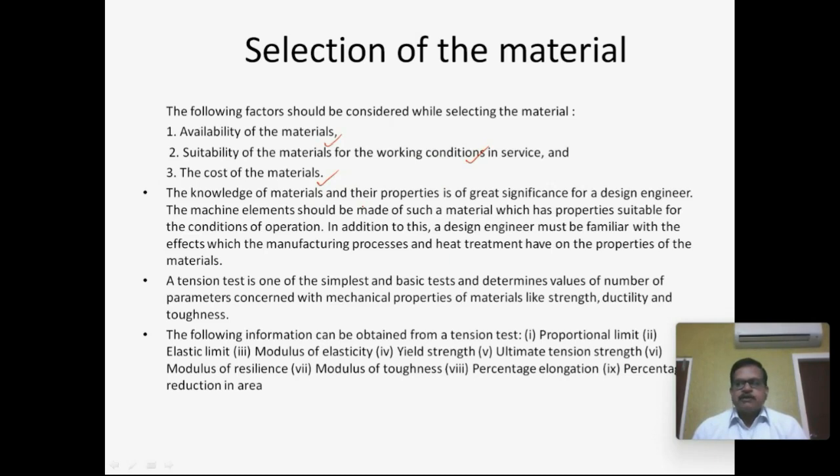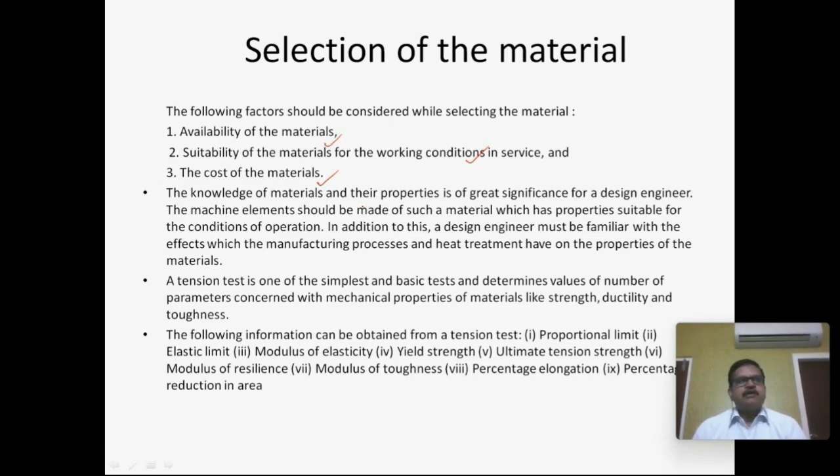The knowledge of materials and their properties is of great importance for the design engineer. The machine elements should be made of such materials which have properties suitable for the conditions of operation.